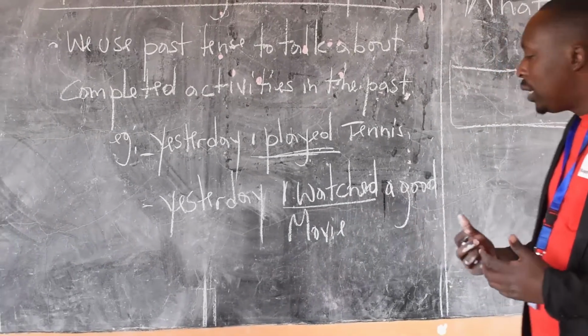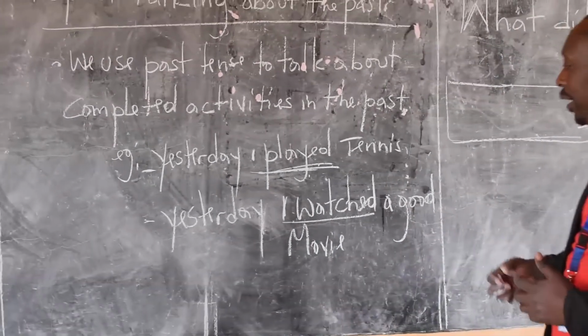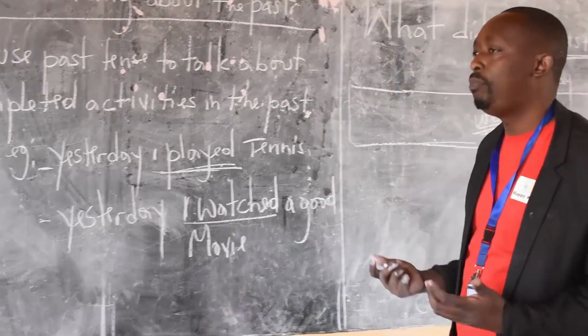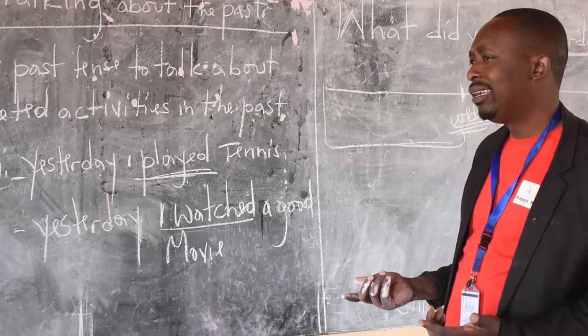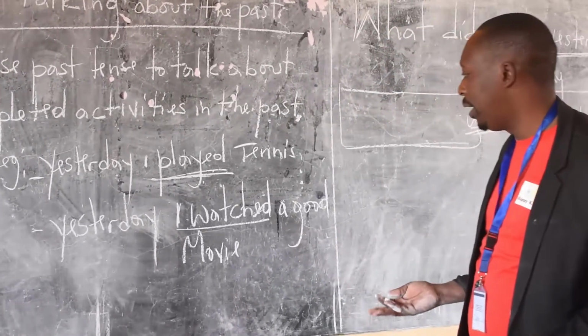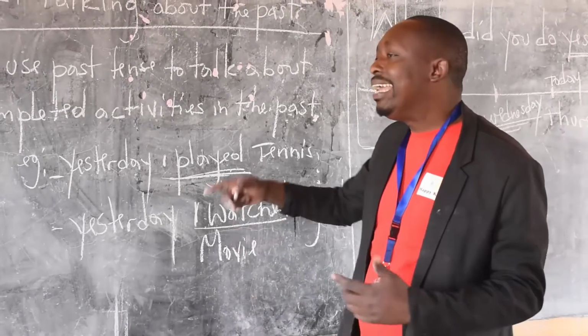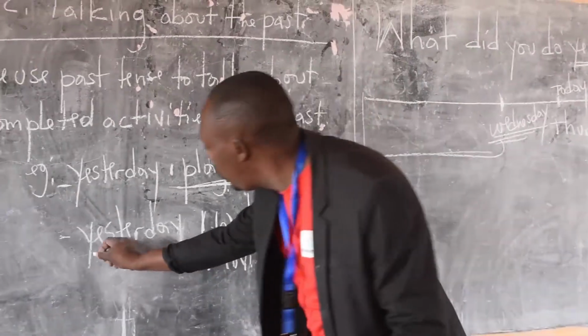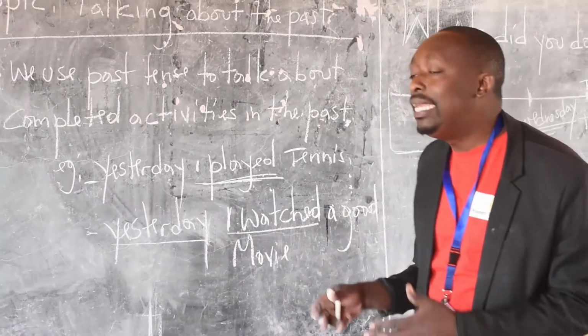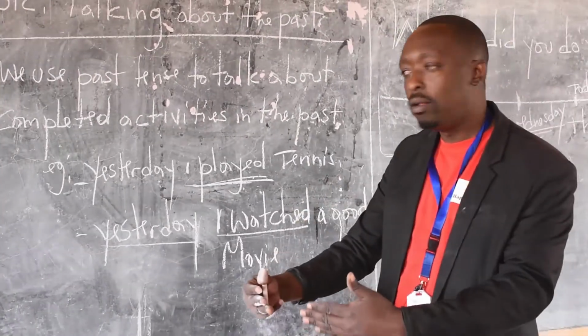So, the first question you have to ask yourself is, when is this action of watching the movie happen? Is it today? No, it is not today. This happened yesterday. Remember, when we use yesterday, we are talking about things we completed before today.